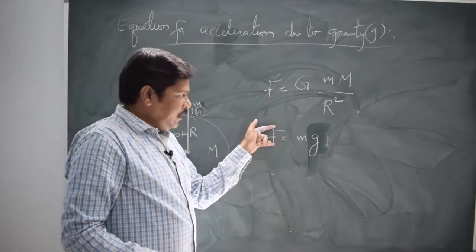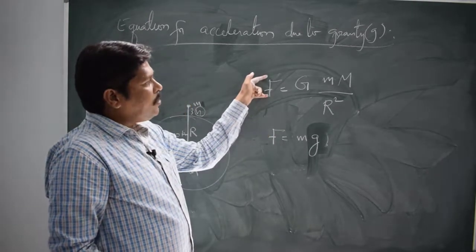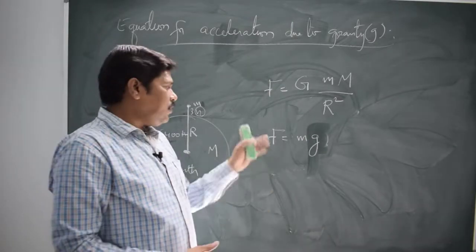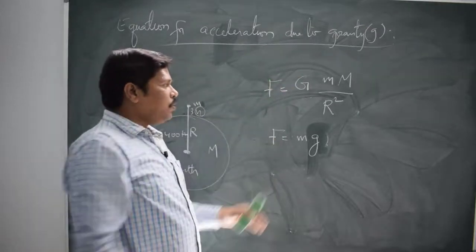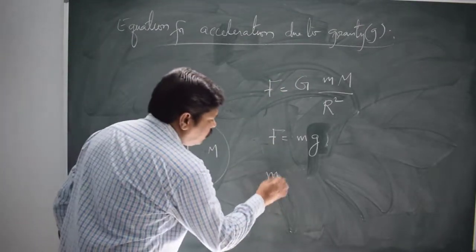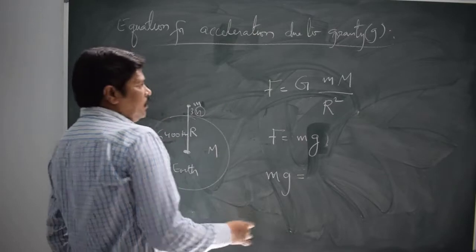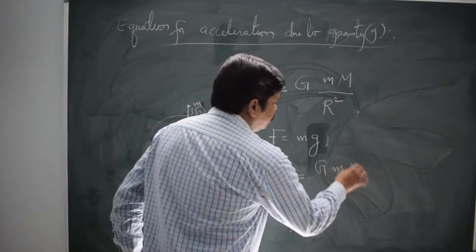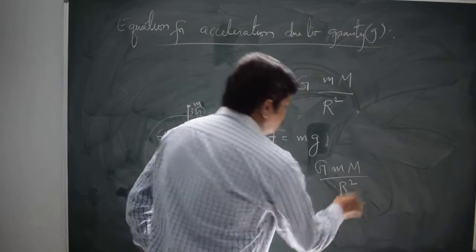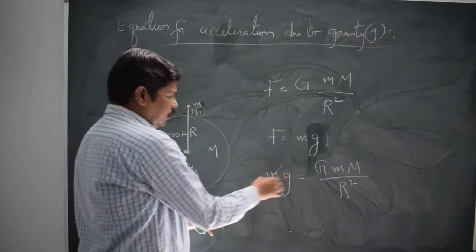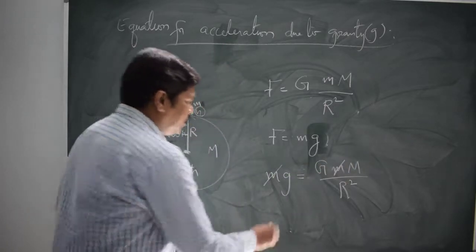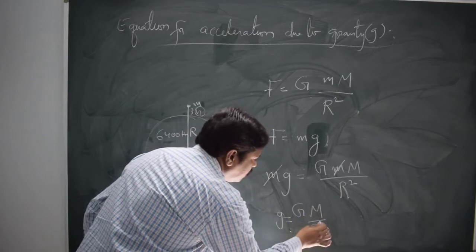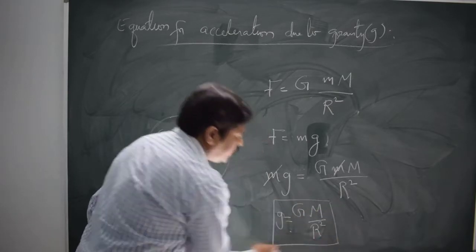Both are the same force acting on the body, so we equate the two equations to find the equation for small g: g equal to G M by r square. The mass of the object cancels on both sides. So small g equal to the gravitational constant times the mass of the earth divided by radius square.